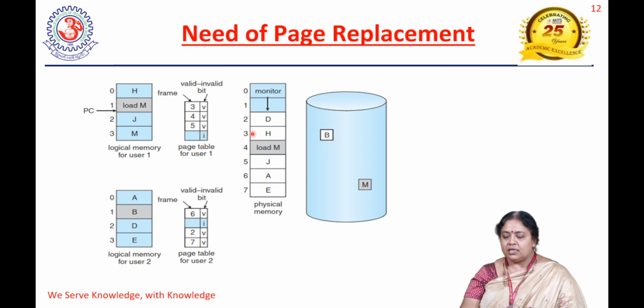There is no free frame available. Normally the operating system would find the page and load it into the memory. But here no free frame is available, so we have to go for page replacement. That is the need for page replacement.